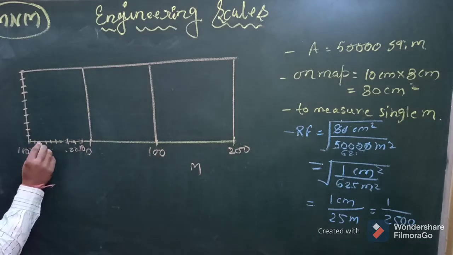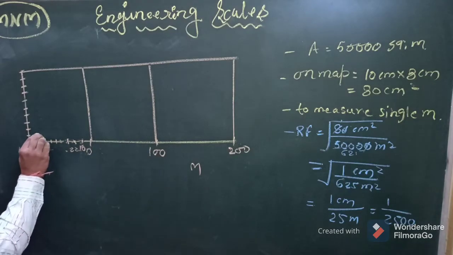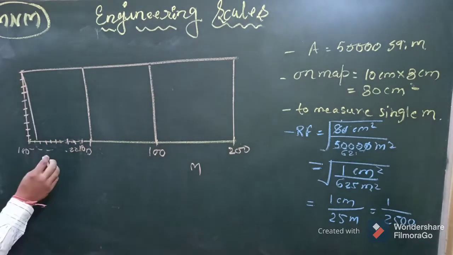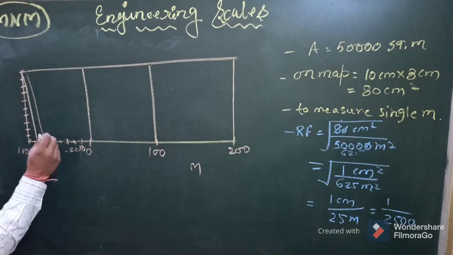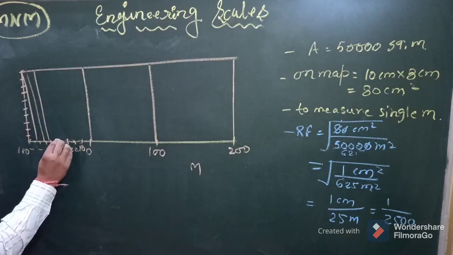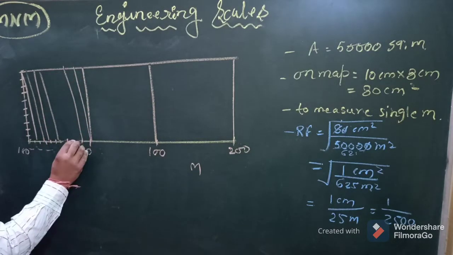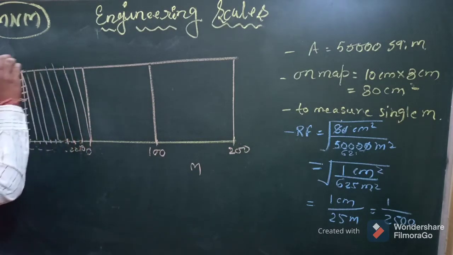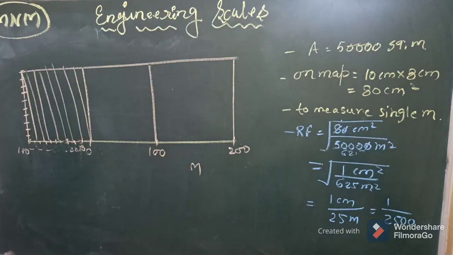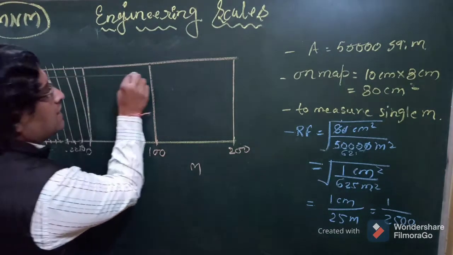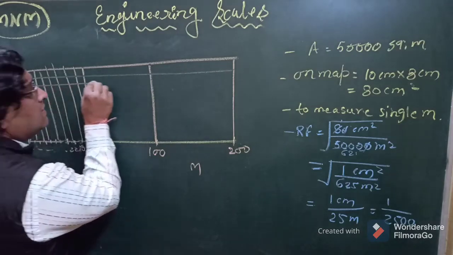Join this first division with the corner and then draw all the tilted lines here from all these divisional points. Okay, so in this manner, and then the horizontal lines which are to be drawn here.